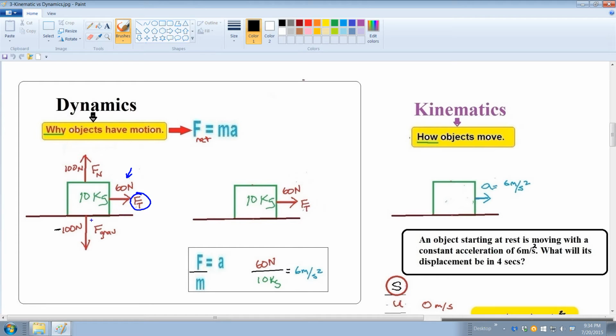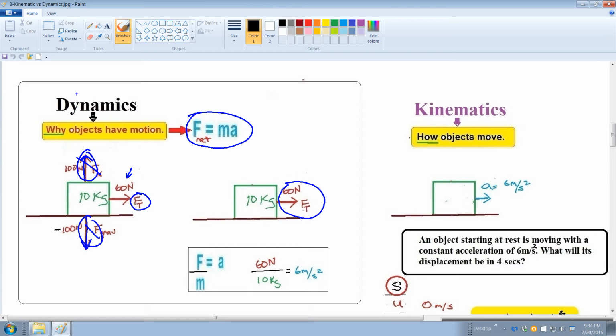It has a mass of 10 kilograms, so it has a gravitational force of minus 100 newtons, minus meaning down. And then it's pushing against the surface, it's contacting a surface, so it will have a normal force of 100 newtons. So if F net is equal to mass times acceleration, the vertical forces cancel each other out, and we're left with a net force of 60 newtons to the right.